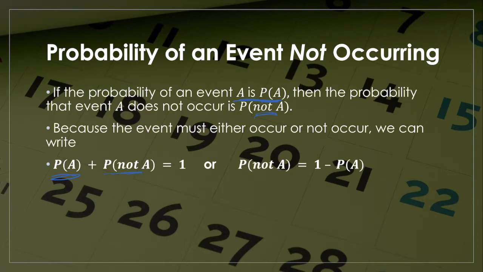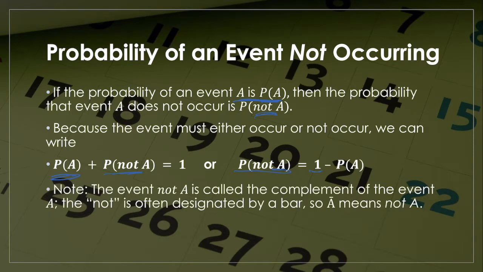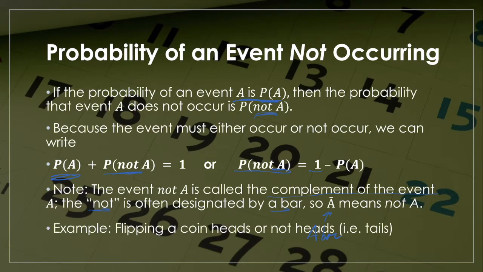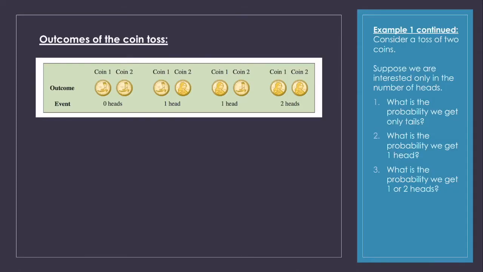We could also calculate that the probability of not A is 1 minus P of A using a little bit of algebra. Friendly reminder, the event not A is called the complement of the event. And sometimes the not is designated by a bar. So this is read A bar, and it also means not A. For example, flipping a coin: heads or not heads. So you either get heads or tails, that's your only option.